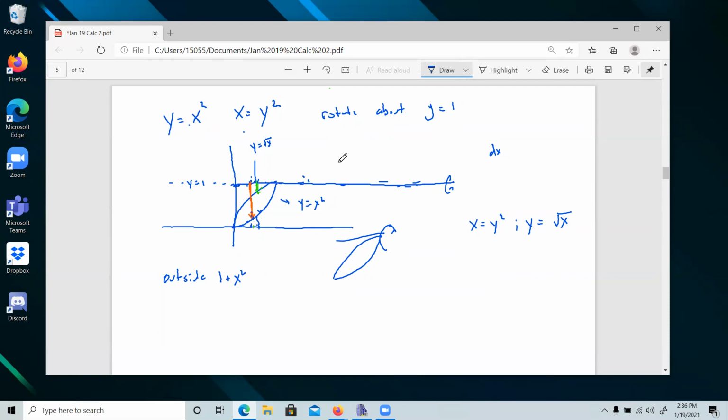Right, so it's 1 minus x squared. The inside one, right, that's going to be, if here's 1, and then we're going to subtract off this piece. Okay, so the inside is 1 minus the square root of x.